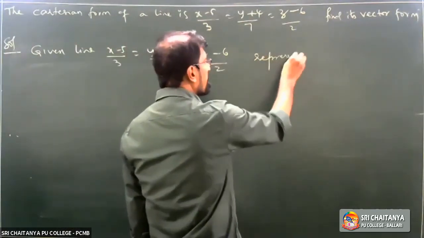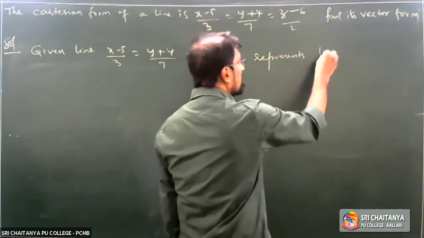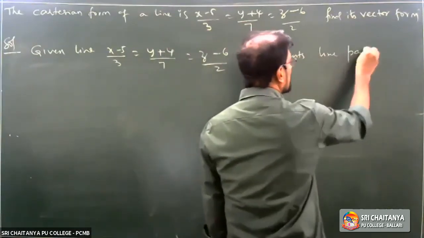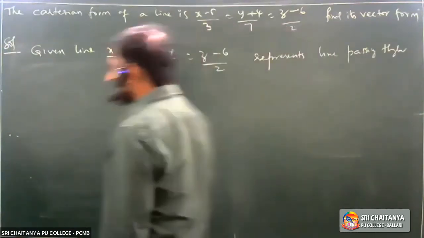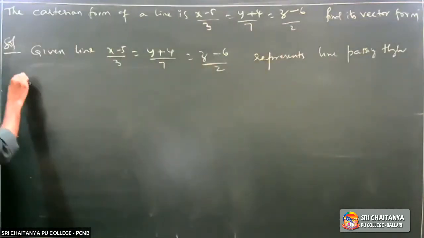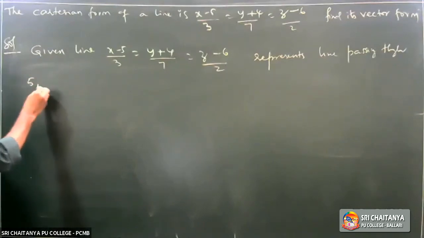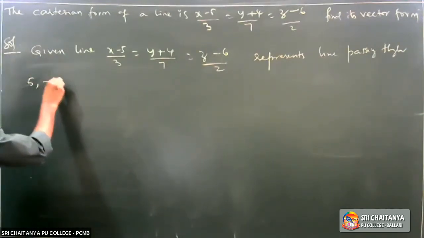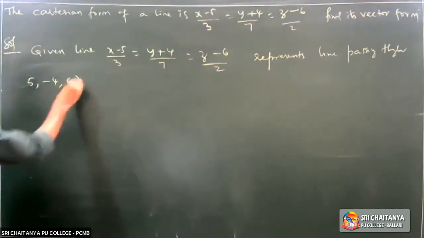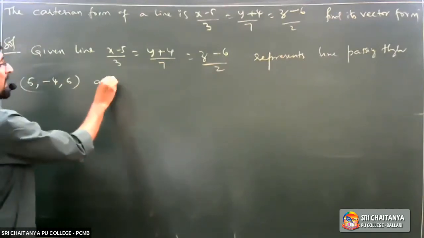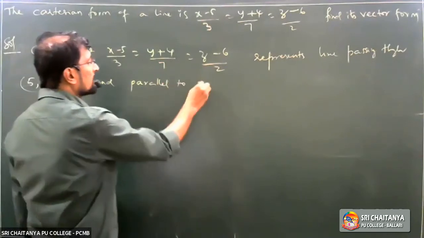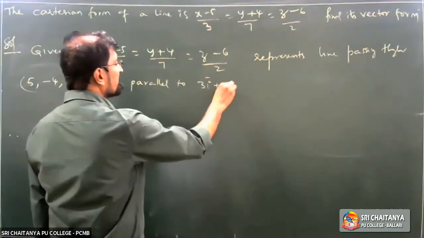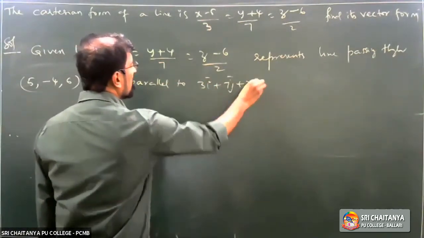represents a line passing through the point 5 comma minus 4 comma 6 and parallel to 3i plus 7j plus 2k. Am I right?